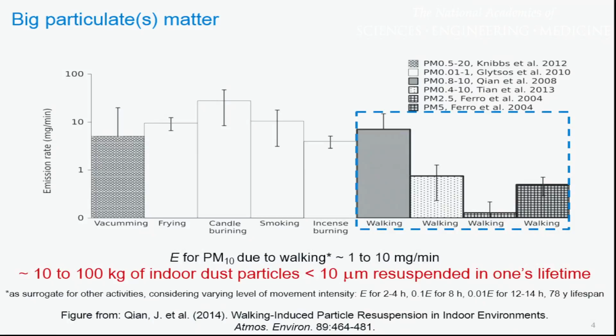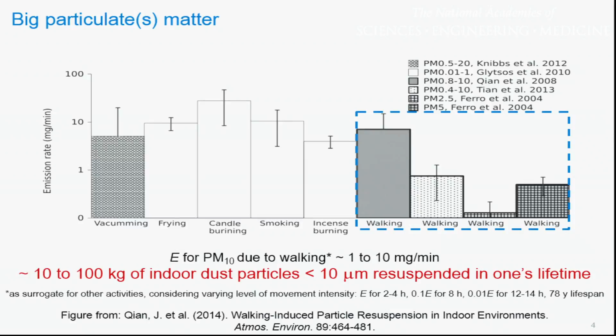So this was a plot looking at PM2.5 and PM10 emission rates for different indoor sources from a literature review on indoor particle resuspension. We can see from this figure that particle resuspension is an important indoor source of particles. Emission rates for PM2.5, for example, associated with walking-induced resuspension can range from 1 to 10 milligrams per minute.